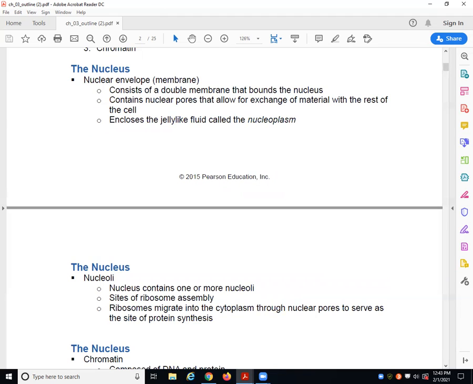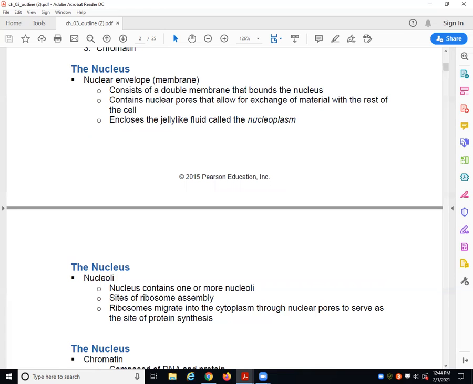So, start with the nuclear membrane, or nuclear envelope. It's a double membrane, which means it has how many layers? Two. And it surrounds the nucleus. So it is like your phospholipid bilayer in that they both have two layers. The nuclear membrane is going to contain nuclear pores.